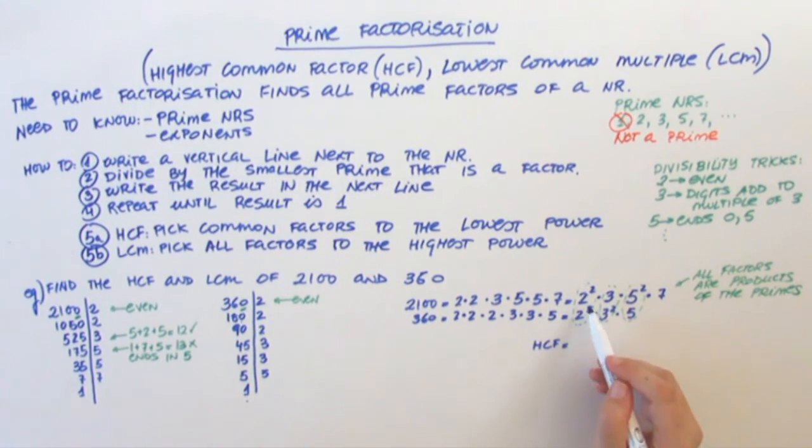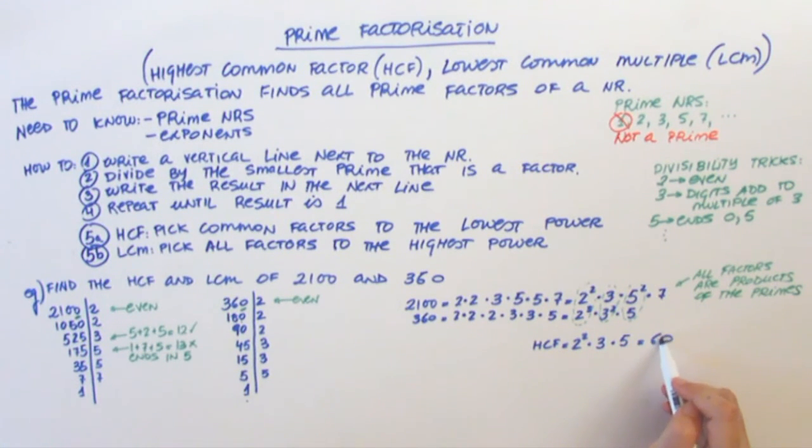So I see that 2 is common, the lowest power that shows there is 2 to the power of 2. 3 is common, the lowest power is 1, so 3. And 5 is common, the lowest power is 5. So the highest common factor is 2 squared times 3 times 5. If you do that, it's 60.